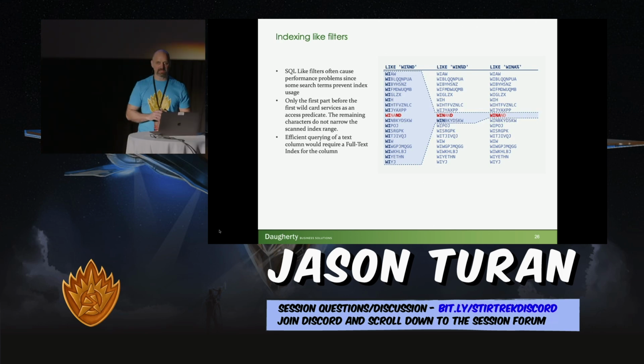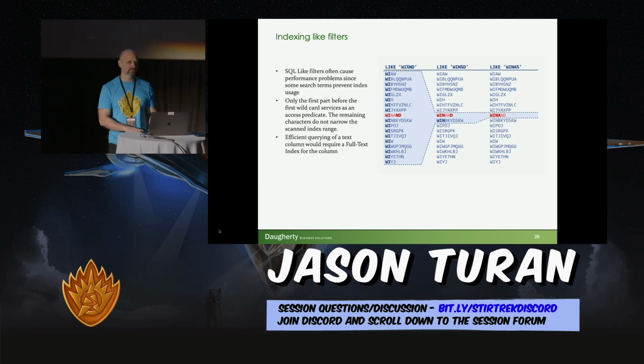And you can filter using the LIKE clause. But what's important is where that wildcard is used, because the first place the wildcard appears determines how much data gets filtered out. So in this particular example, when you use the wildcard after WI, it was only able to filter down to all of the records that start with WI.